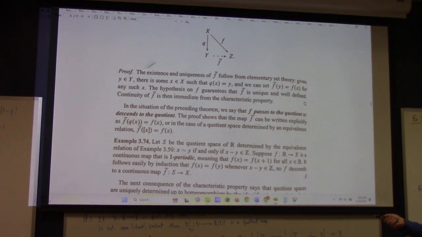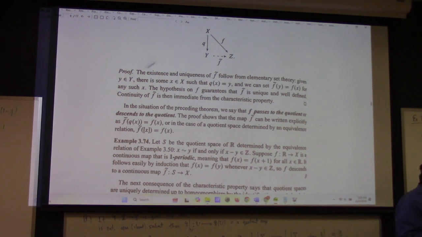So that means then that we can see that f descends to a continuous map f tilde from S to X because it's equal on the things we're forming the equivalence on here.